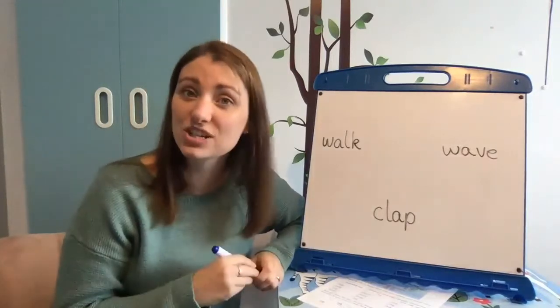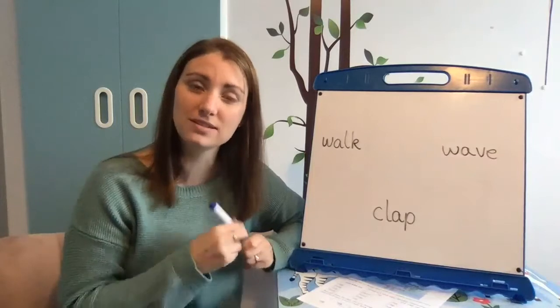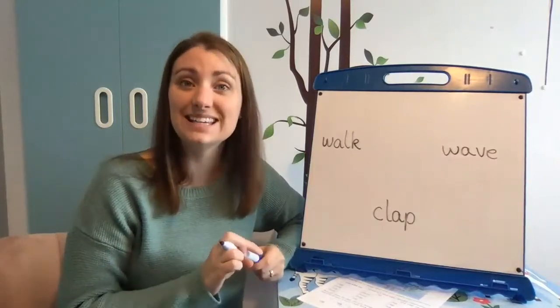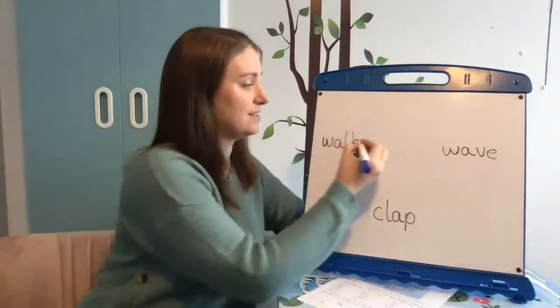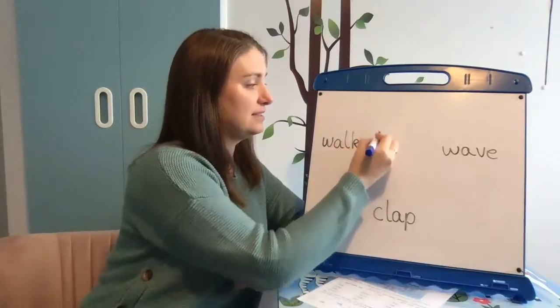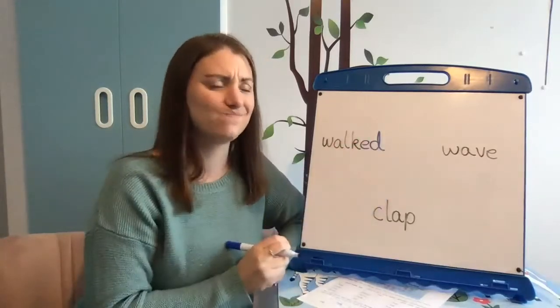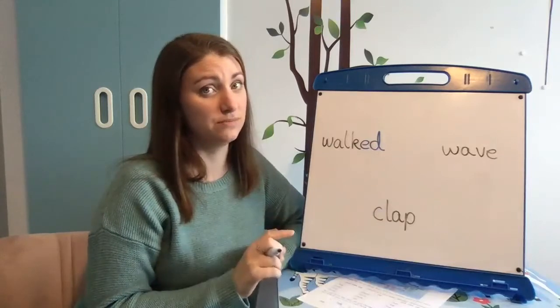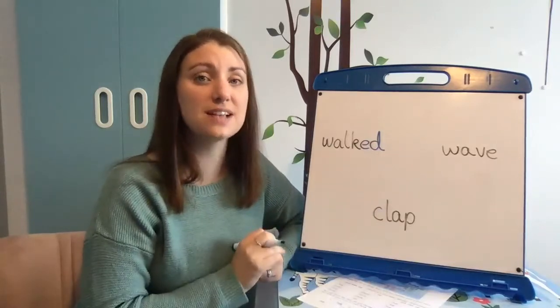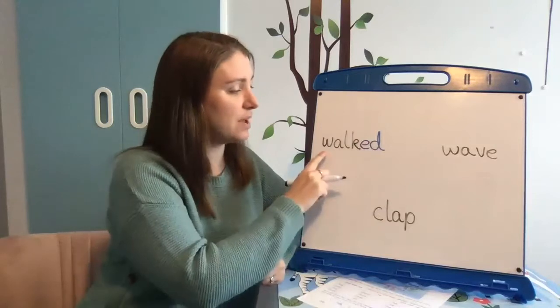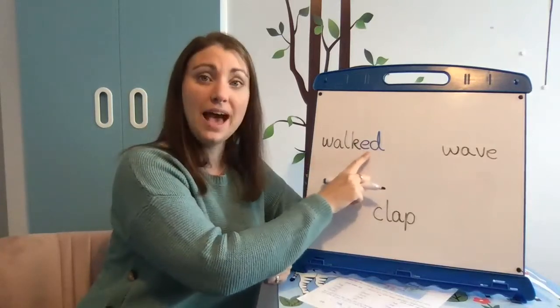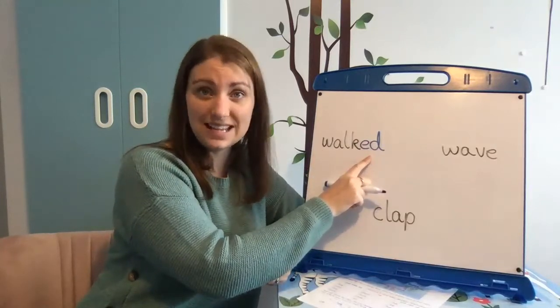But actually, when we're looking at past tense words, we put an ed on the end, 2 letters, ed. Now, that's a rule, but that only happens for some of the words. So sometimes I'll have a verb and I just have to add ed to the end.